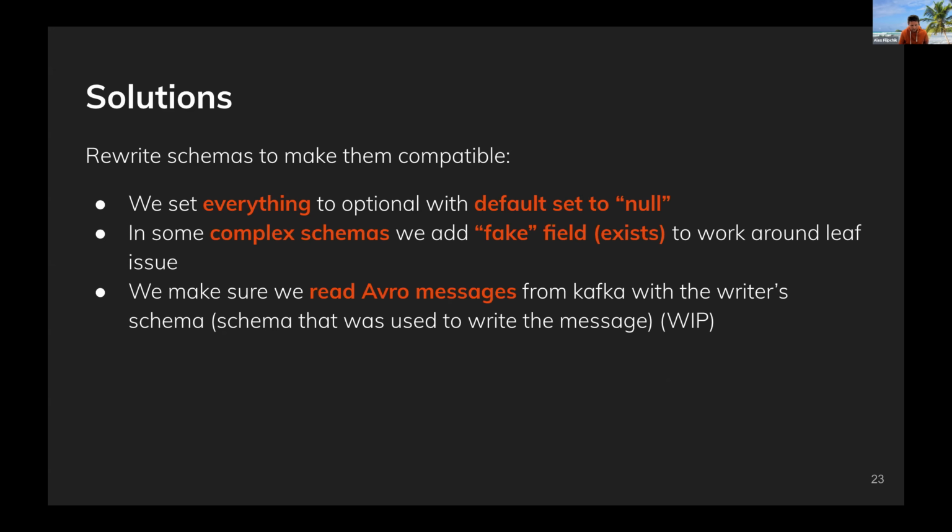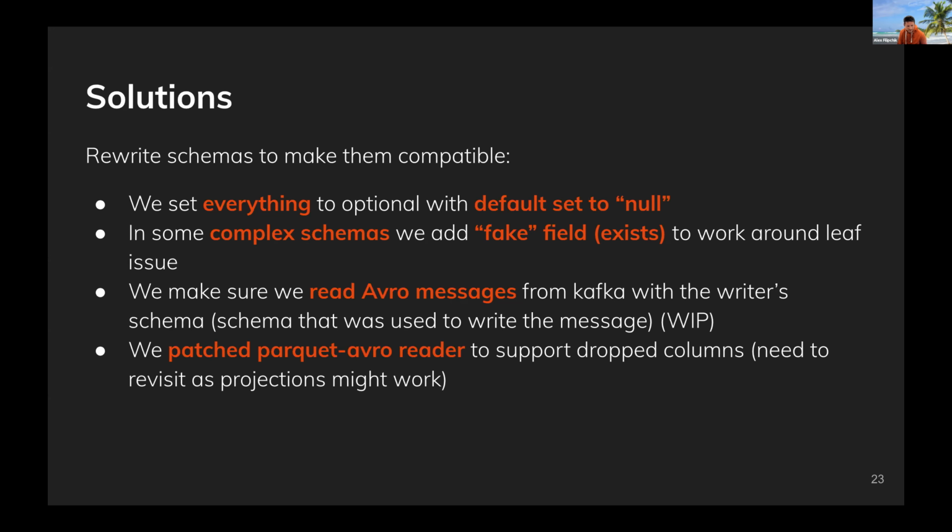And for Avro messages, super important, when we read messages from Avro, we make sure we only read the message with the schema it was written with, not the latest schema provider. You actually have to use the correct reader. Again, work in progress. There's back and forth on GitHub, but hopefully it's going to be merged so everybody will be able to enjoy it.